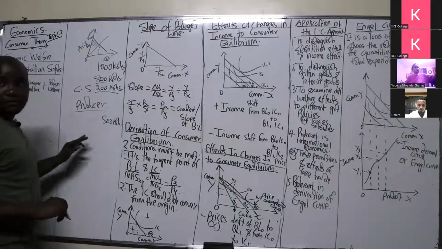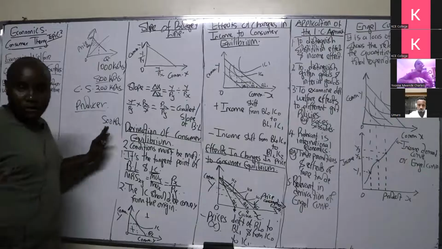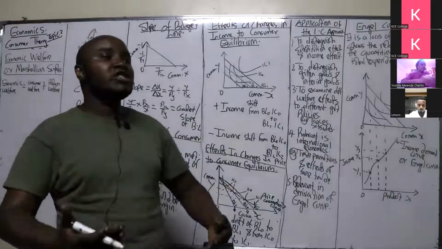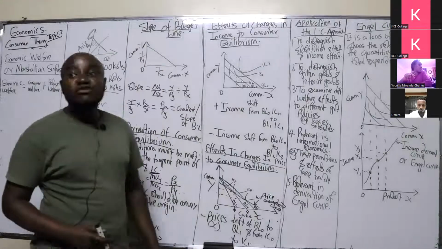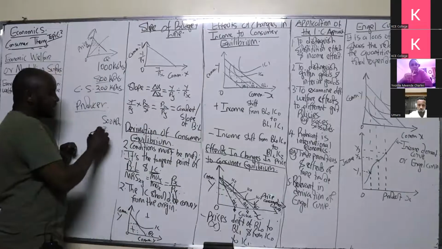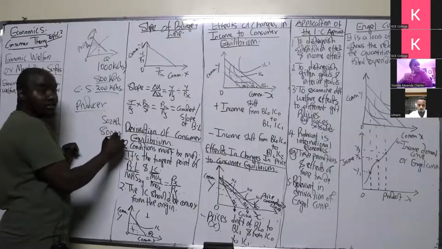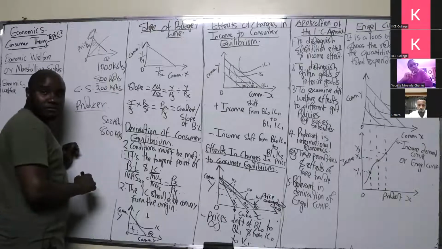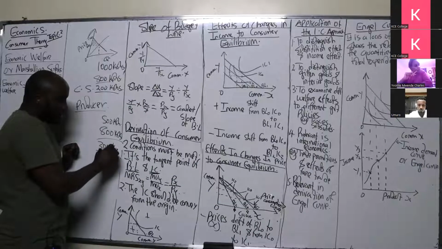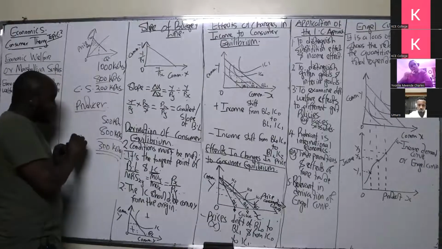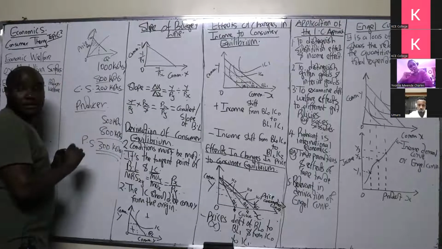That's your expectation that the consumers will buy from you. But you later realize that the shirt is 800 Kenyan shillings, meaning that you have a surplus of 300 Kenyan shillings. So this surplus is called producer's surplus.